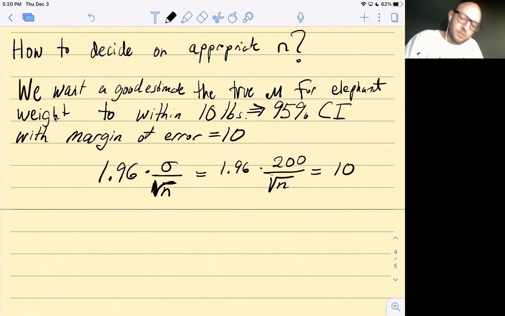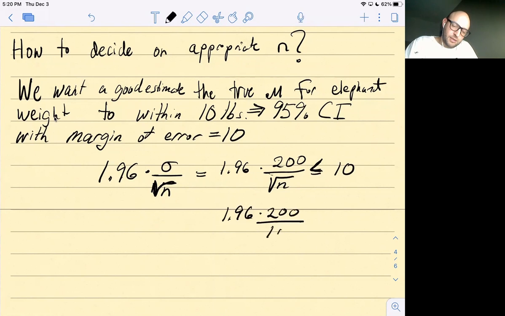Or actually, it has to be not equal to 10, but we want a margin of error that's less than 10. And then you can solve this by cross multiplying. You get 1.96 times 200 all over 10 has to be less than root n. Square both sides. So n has to be greater than 1.96 times 200 all over 10, squared.